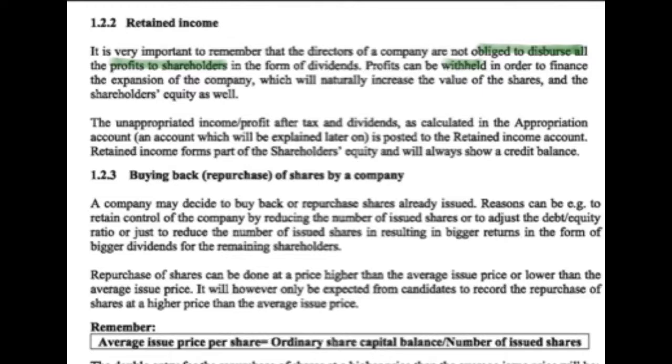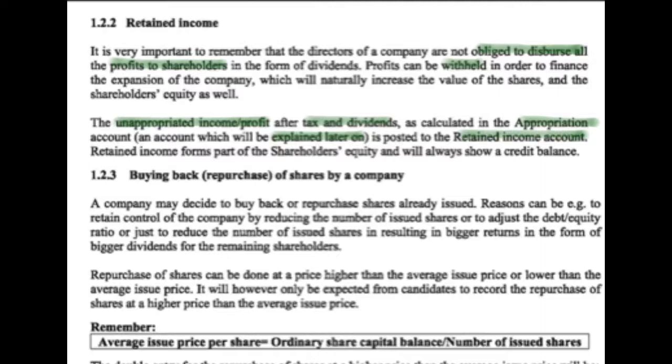So the unappropriated profits or income, in other words, the unshared profits after tax and dividends, as calculated in the appropriation account, is posted to the retained income account. We briefly explained the appropriation account in the previous video, and we will definitely explain it again in full later on.